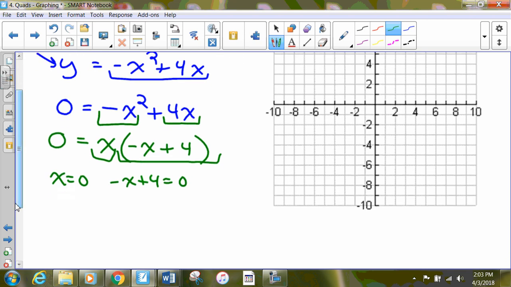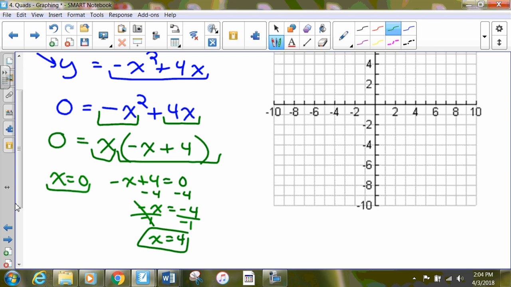If I solve, I already solved for x over here. If I subtract 4 on both sides, I get negative x equals negative 4. And now, I like to think of it as multiplying both sides by negative 1. Some people like to think of it as dividing both sides by negative 1. However you do it, you're getting rid of the negative, and you end up with a 4 on this side.